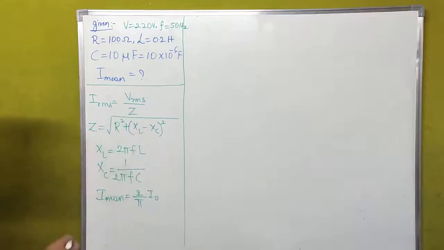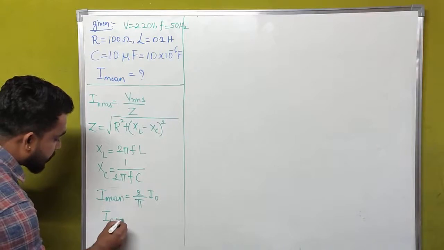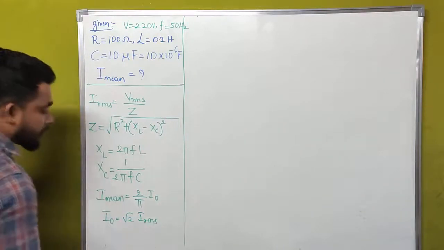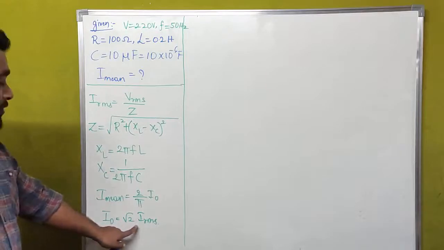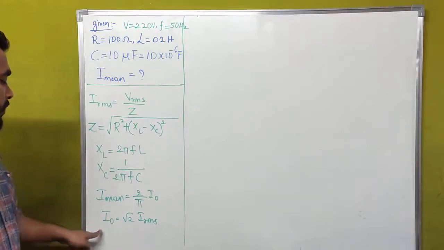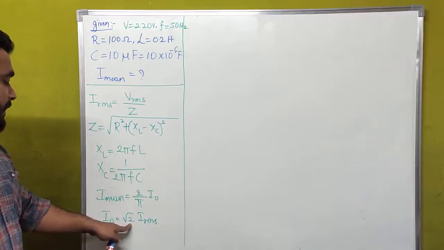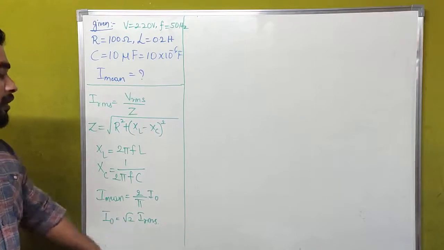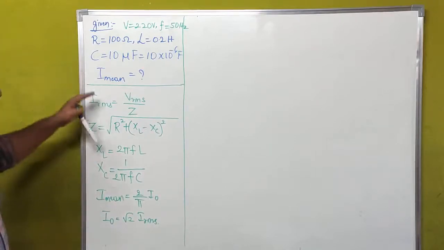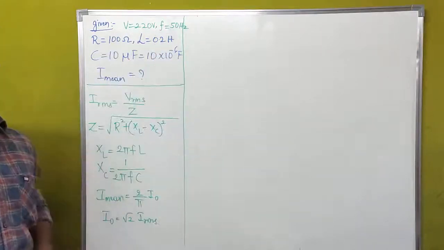What we can do is write I naught as root 2 into IRMS, because we know that IRMS is equal to I naught divided by root 2. If we modify that expression, we get I naught is equal to root 2 into IRMS.